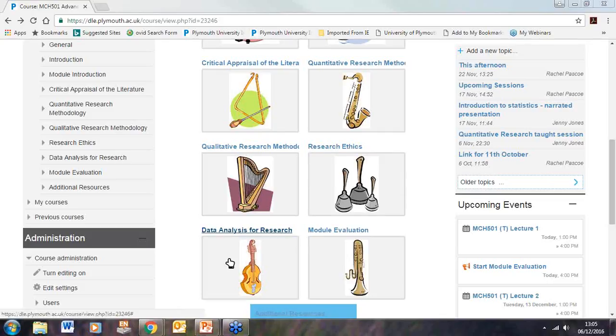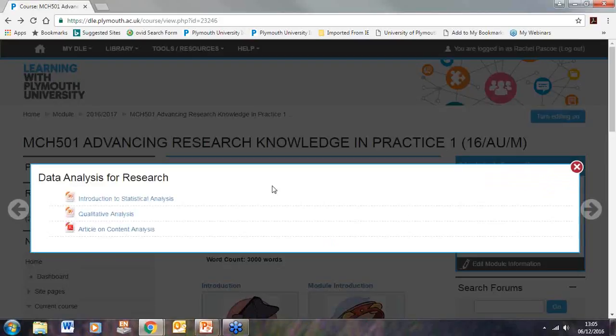We're then going to move on to the data analysis side. Now, the data analysis side has two components. You have the quantitative data analysis, which is already there, and that's a narrated PowerPoint that Jenny has supplied. If you have any questions regarding analysis of quantitative research, please refer to Jenny.